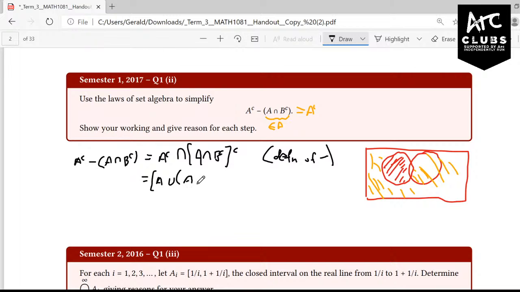You basically factor the complement out. And that is just by De Morgan's law. Now we have A union A and B complement.